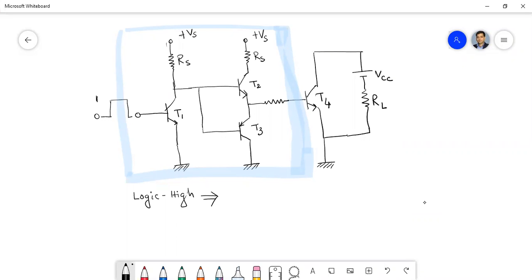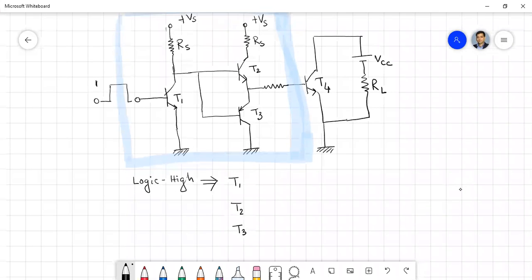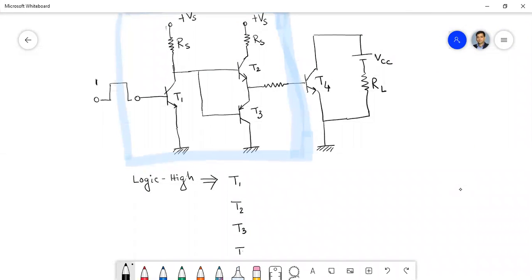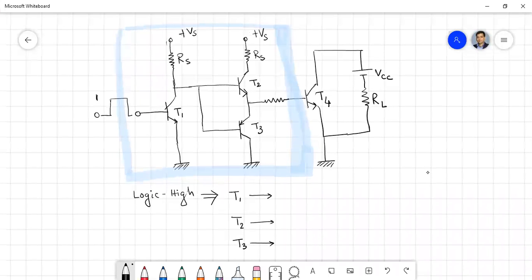So logic high means, what about this transistor 1? What about this transistor 2, transistor 3, and transistor 4? Let me ask, what about transistor 1, if the base of this transistor 1 is at logic high?